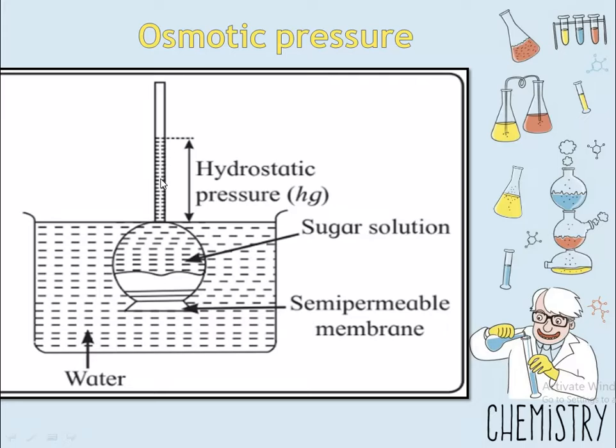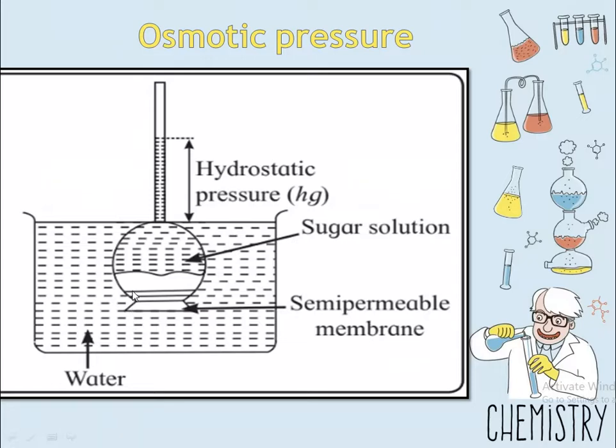A hydrostatic pressure is developed due to the liquid column in the funnel. At a point, an excess hydrostatic pressure is produced which stops the flow of the solvent molecules and pushes them back.